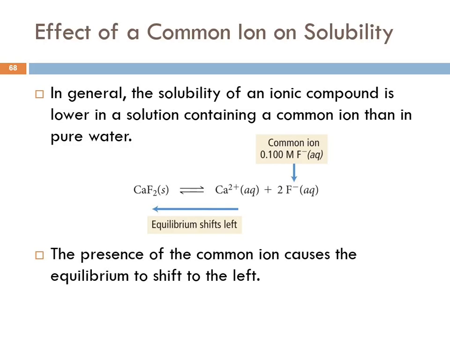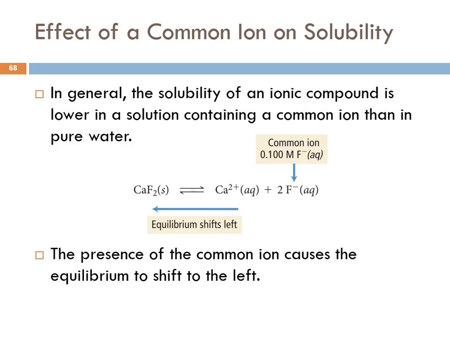I mentioned earlier that KSP has one value at a given temperature, but the molar solubility can vary depending on the solution that it's in. So in general, the solubility of an ionic compound is lower in a solution containing a common ion than in pure water. If we look at calcium fluoride, it dissolves into calcium ion and fluoride ion.